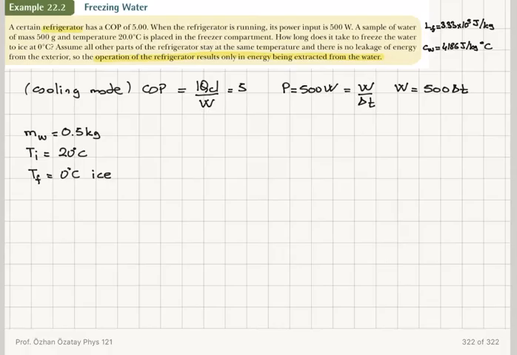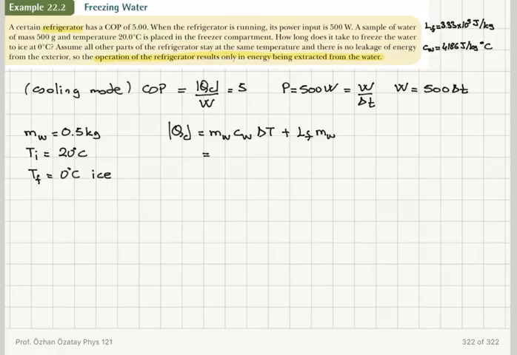Well, the QC that we are extracting is equal to the mass of water times the specific heat of water times delta T, and then the water becomes ice, so I have the latent heat of fusion times the mass of water, because the whole thing turns into ice. So I'm calculating the total energy extracted.